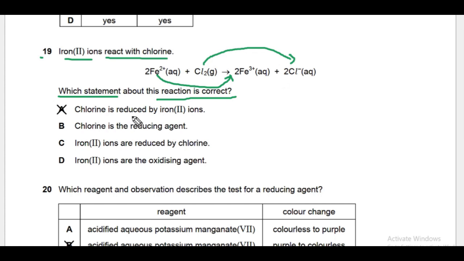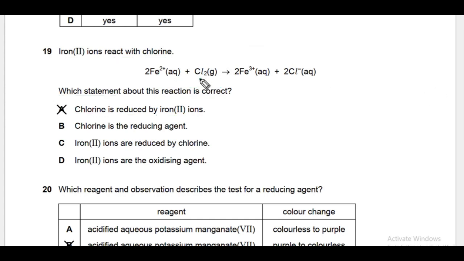So chlorine is reduced by iron(II) ions. Yes, this is true, because iron(II) ion reduces chlorine but itself oxidizes. That means iron(II) ions reduce chlorine to chloride ion.